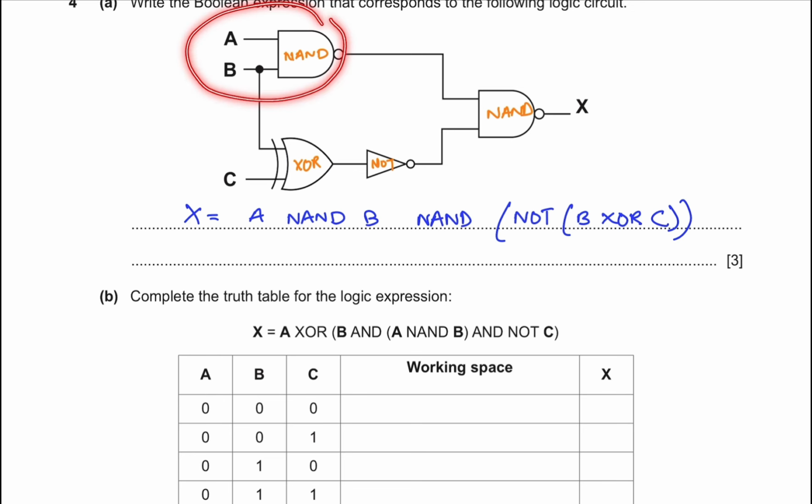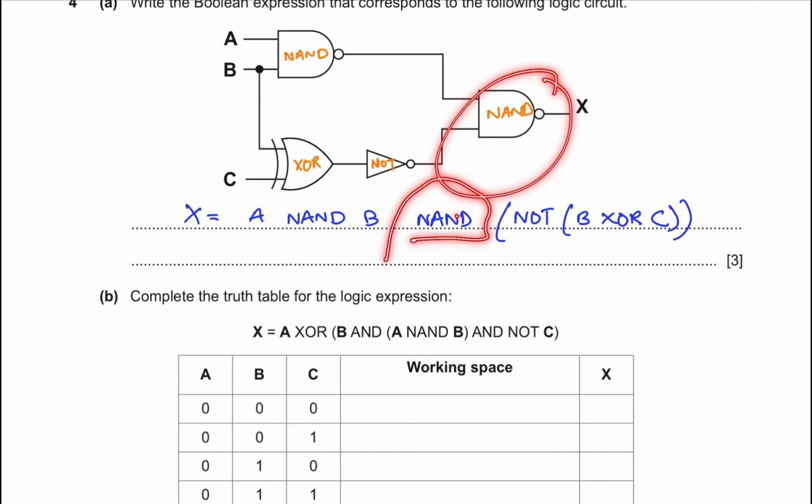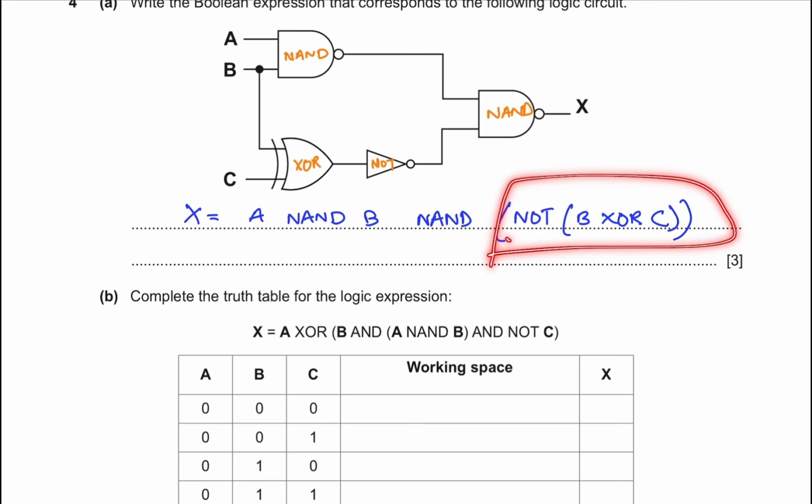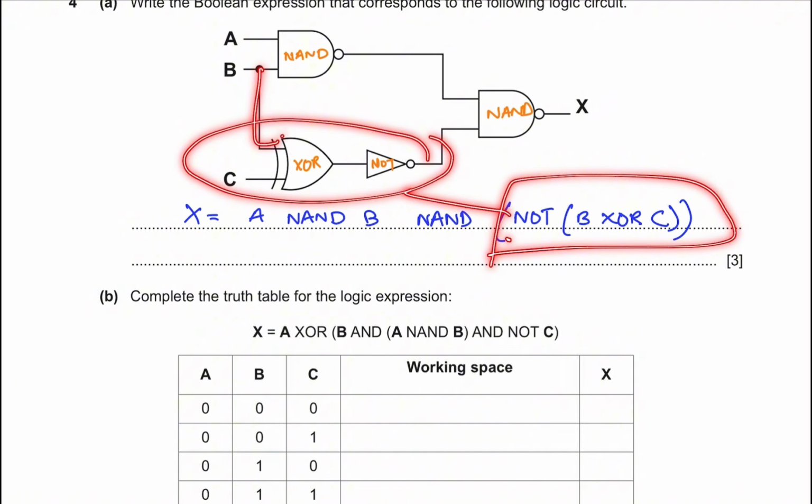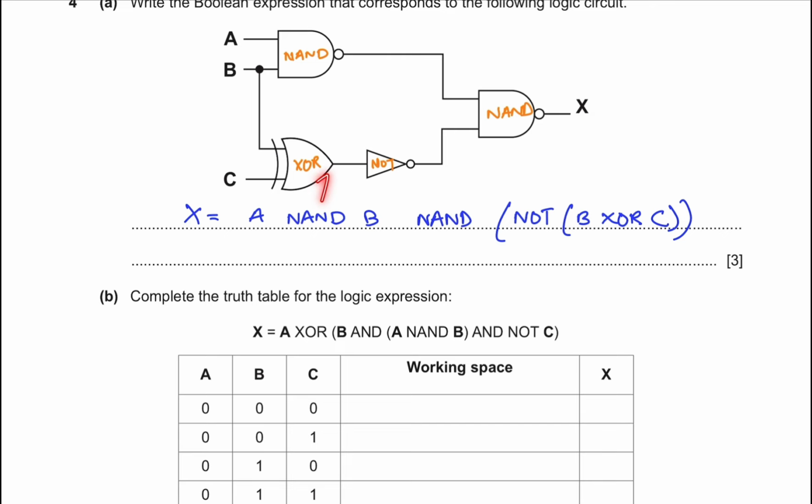A NAND B is this. This NAND is talking about the gate. The gate in the middle is always the final gate. The one in brackets, NOT B XOR C: B is connected to XOR and then C, so B XOR C and NOT. So 3 marks for this. 1 mark for this, 1 mark for this, and 1 mark for this.